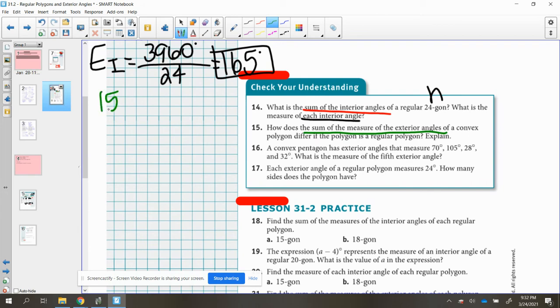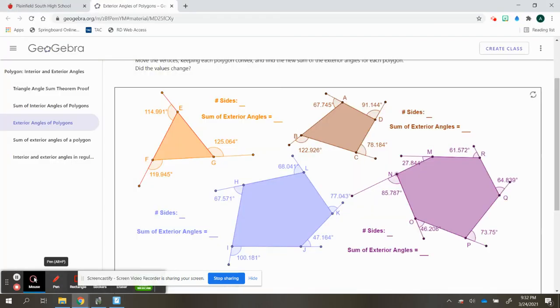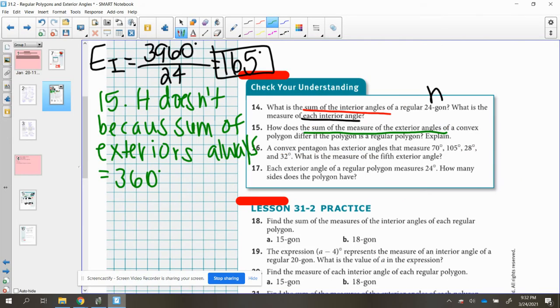The answer is it doesn't, because the sum of the exteriors is always 360, no matter what. Okay, so the regular polygons are not going to affect that. They're always going to add up to be 360. And again, we can go back to these were not necessarily regular polygons. They don't have the same size sides and angles, but they still always added up to be 360 degrees.